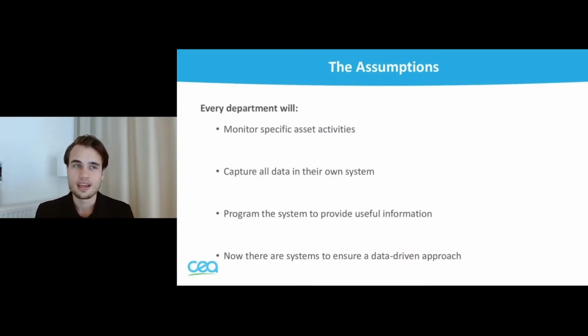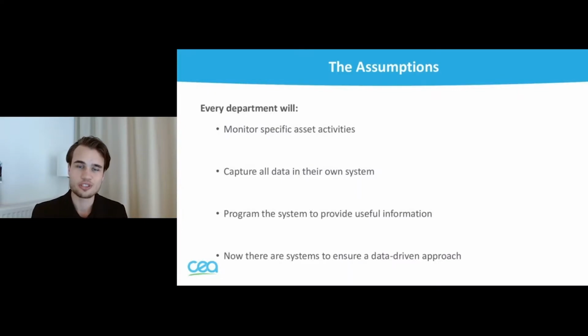Well, on our path to becoming more data-driven, we see that a lot of companies are actually taking the same steps. These steps will indeed get you to a certain level where you think, hey, I gained something. But what you initially set out to do was gaining the ability to be a data-driven decision maker. Well, what every department basically does is that they focus on their unique asset activities that are important to their department.